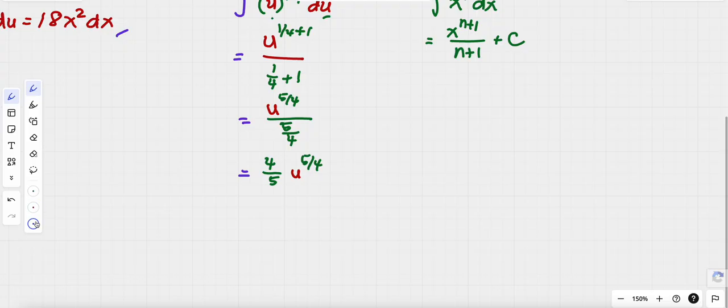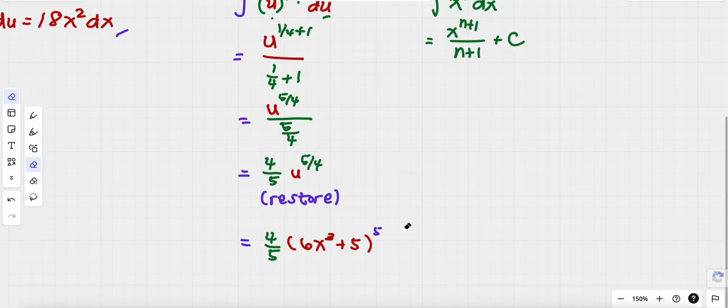So this will be equal to, let me just write here, restore. This will be 4 over 5 times 6x cubed plus 5 to the power of 5 over 4.